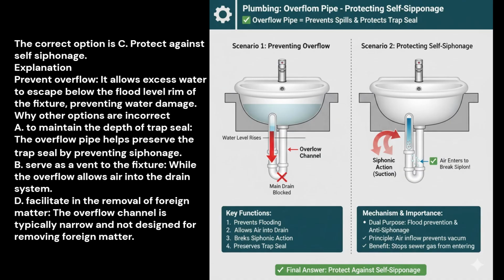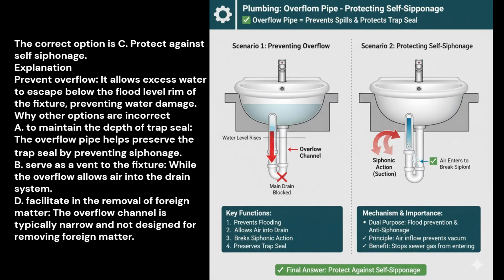Why other options are incorrect? A. To maintain the depth of trap seal, the overflow pipe helps preserve the trap seal by preventing siphonage, but the depth of the seal itself is a function of the trap's design and water level in the fixture, not the overflow's direct purpose in maintaining the depth in a static sense. B. Serve as a vent to the fixture. While the overflow allows air into the drain system, it is not a primary or official vent pipe in the traditional sense, which is a dedicated pipe connecting to the atmosphere or a vent stack.